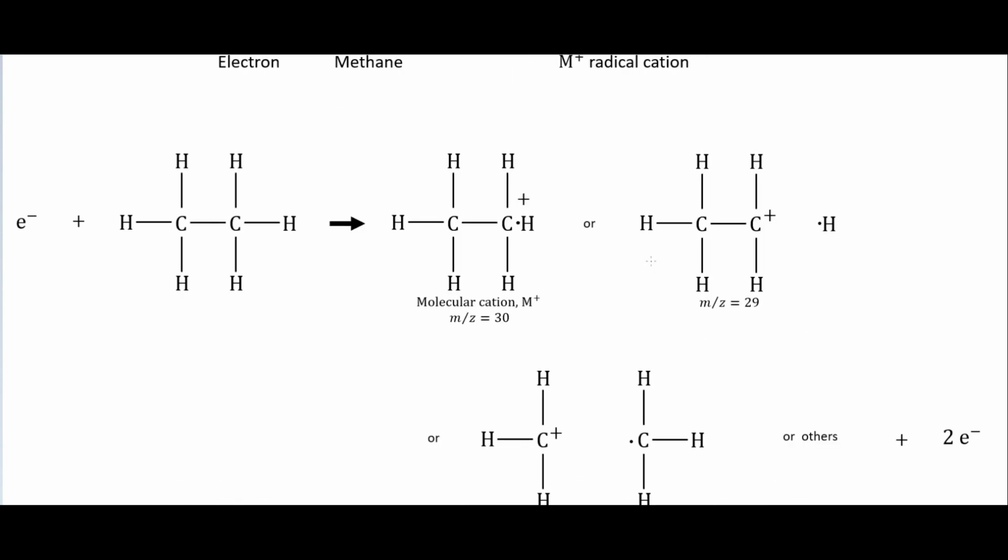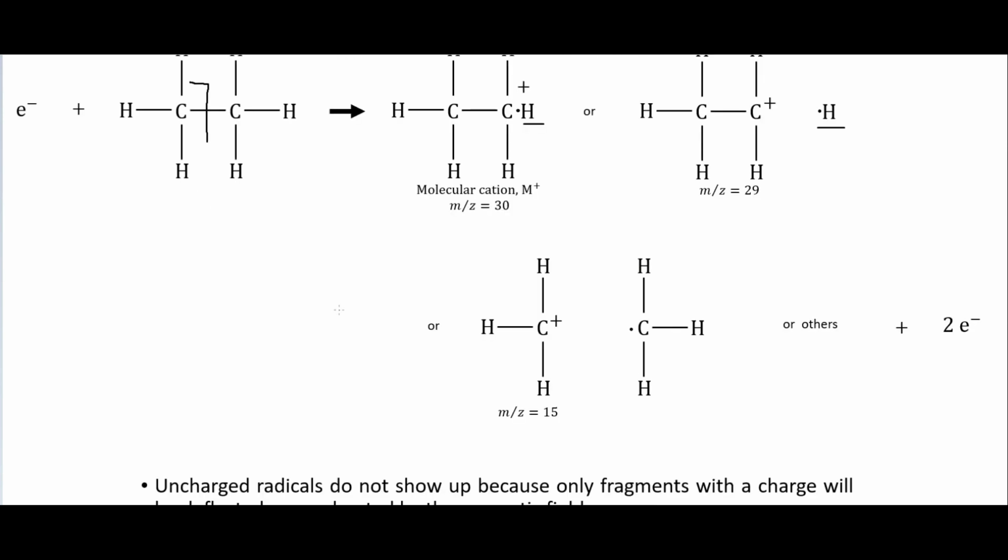And what's going to happen after that is we can start breaking pieces off of this. So we could have this hydrogen leave right here as just a radical, but we could also break this apart right here. So usually we draw it like this, and put a bar pointing towards the direction where the positive charge will be. And so we'll end up with something like this.